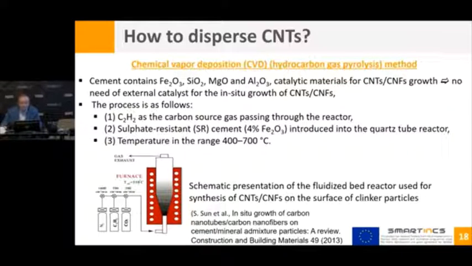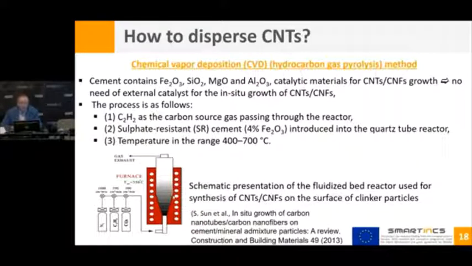And this happens in a furnace, which works, of course, under a protected atmosphere, usually nitrogen. A certain amount of CO2 is also used, and the carbon source is acetylene, which is injected into this reactor.